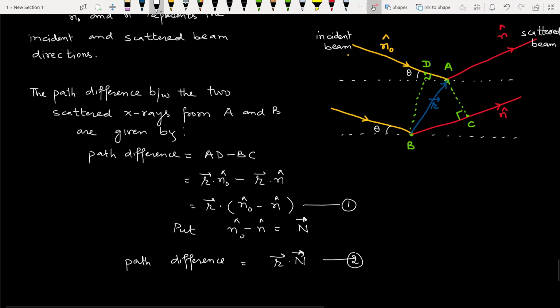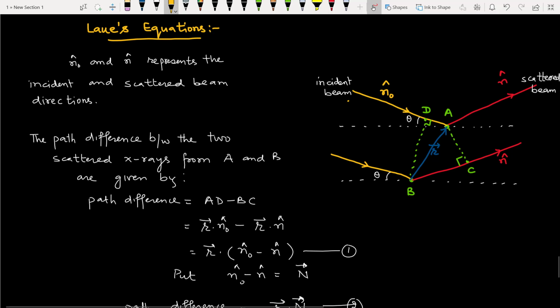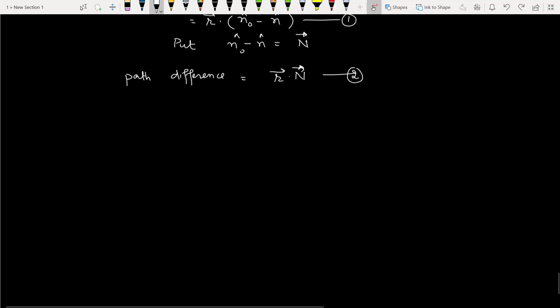If we look at the directions, the dotted ray is the incident direction. As the scattered or diffracted rays follow laws of reflection, this angle will be theta. This angle is also theta, as this angle and this angle are vertically opposite angles. So the angle between the n naught cap direction, which is the dotted ray, and the n cap direction is 2 theta.